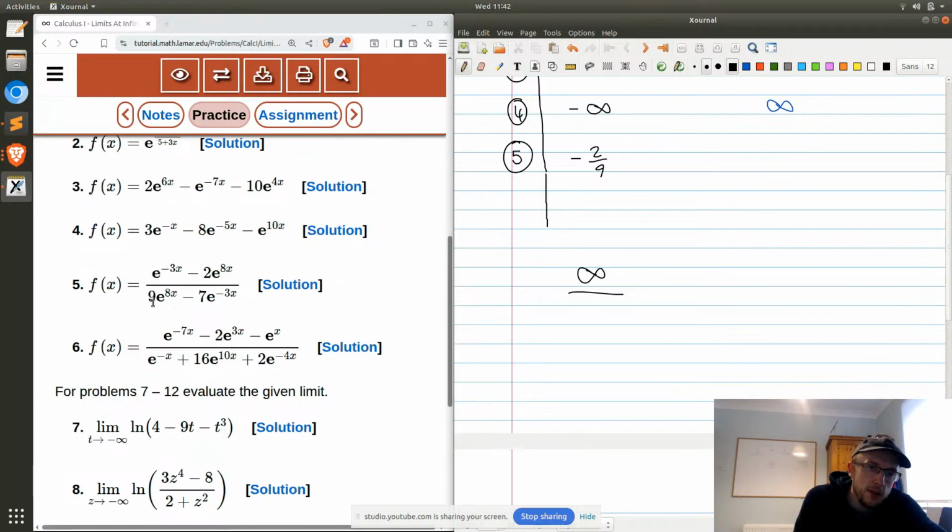And then here, that will disappear. Negative 3 times negative infinity. Well, that would be 3 infinity. So I'll get negative 1 over 7, I think.